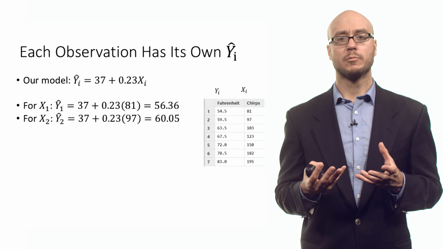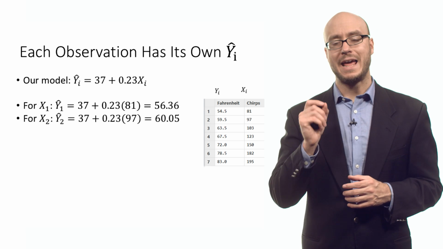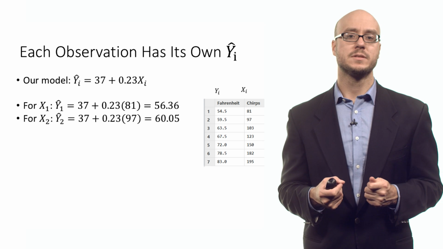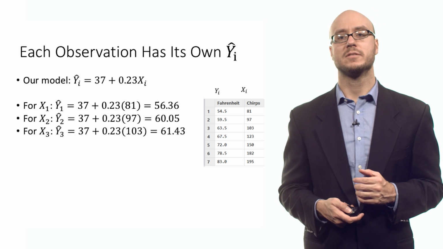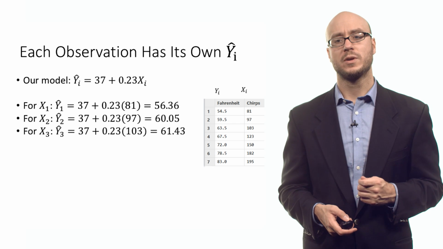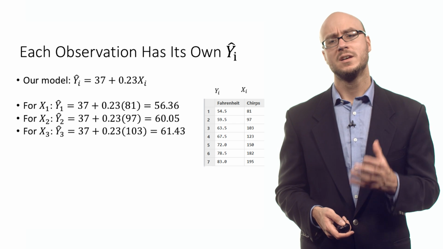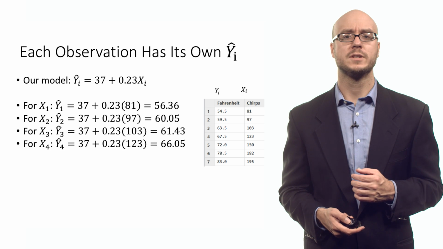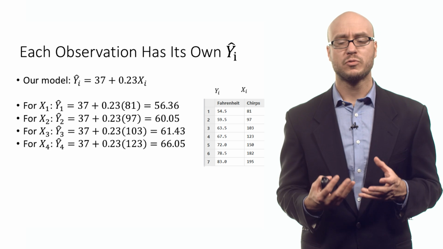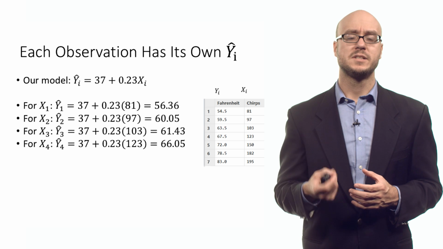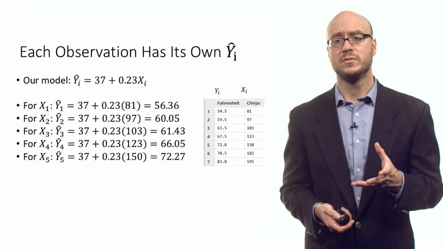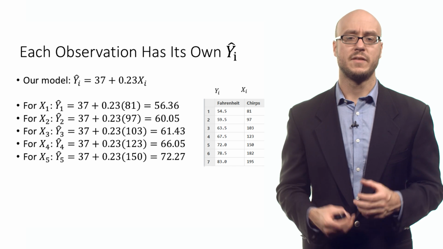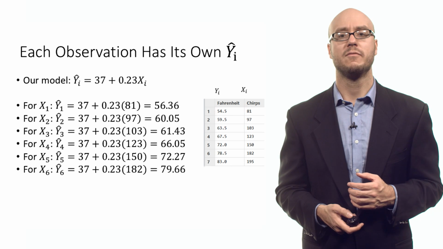For the second row in our data set, when x is 97, when the number of cricket chirps per minute is 97, the expected temperature is 60 degrees Fahrenheit. When x is 103, when there are 103 cricket chirps per minute, the expected mean temperature is 61.4 degrees Fahrenheit. When x is 123, we have 66 degrees Fahrenheit. When we have 150 cricket chirps per minute, the temperature is 72.27 in terms of its expected value.